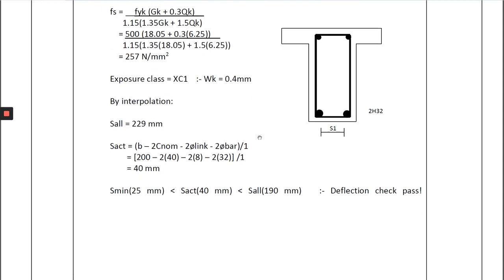And then as usual, I have 2H32, so I'll get one spacing here. So the crack check is passed here by using this formula, b minus 2c nominal minus 2 diameter link minus 2 diameter bar over 1 spacing. So the actual spacing of the bar is 40 millimeter, which is bigger than s minimum and lesser than s allowable. So s allowable is as usual from the interpolation from the table 7.3, maximum bar spacing for crack control.